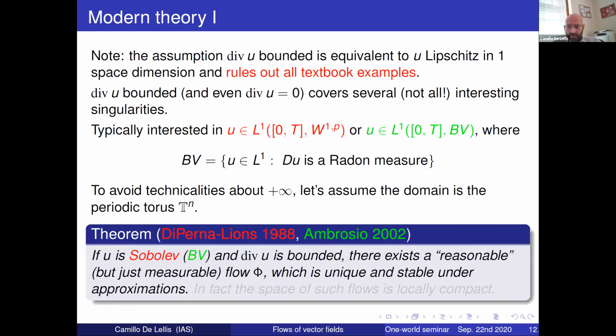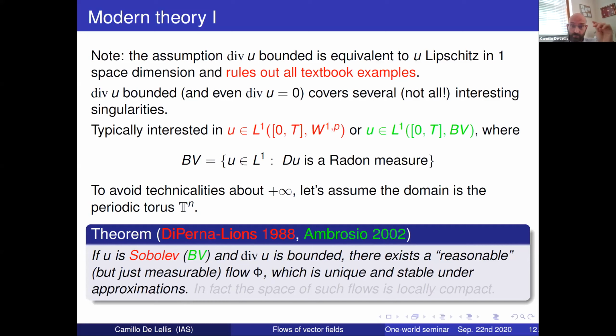Now, there's a very beautiful theory in the literature, which started with DiPerna-Lions in 1988 in their seminal paper, and the Sobolev case was extended to the case of functions of bounded variation by Ambrosio in 2002. It says that if u is Sobolev and the divergence of u is bounded, there does not necessarily exist a unique solution for every initial datum when you look at the ODE.